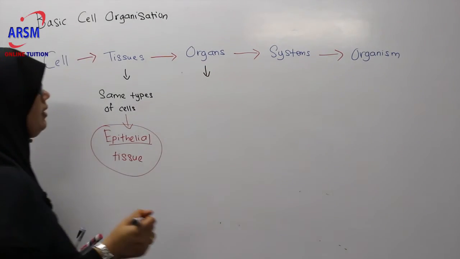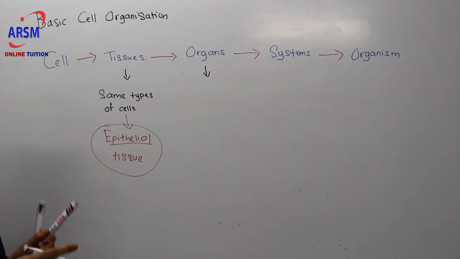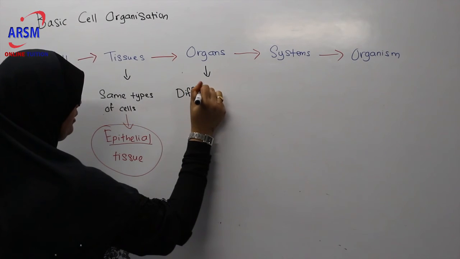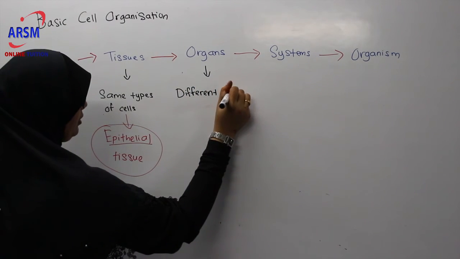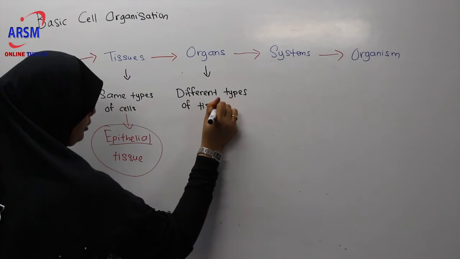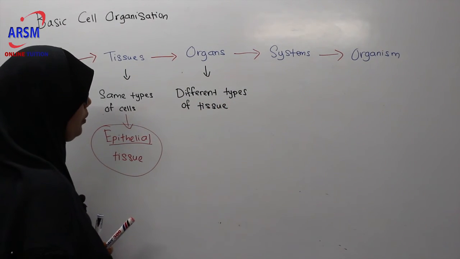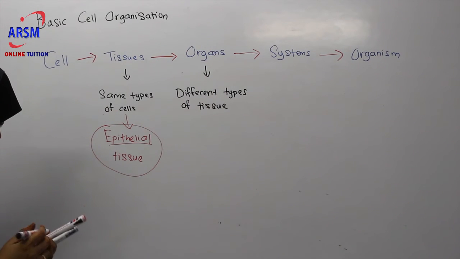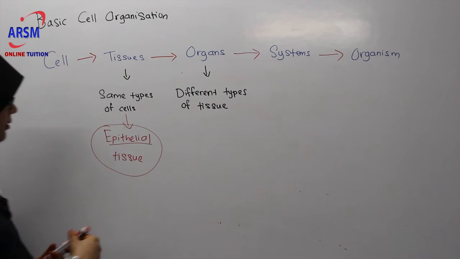Now we come to the organs. How about organs? Do they have the same types of tissues? No. We have different types of tissues which produce an organ. Example, like the heart.